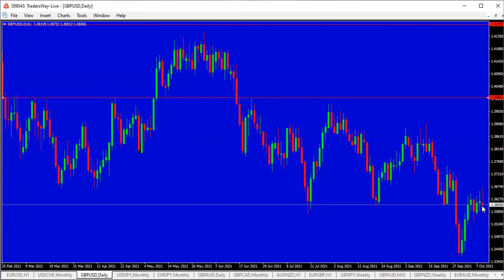I think you could call it a pin bar, but it's a rejection candle. This is common. This is logical as can be. Very logical. Rejection.